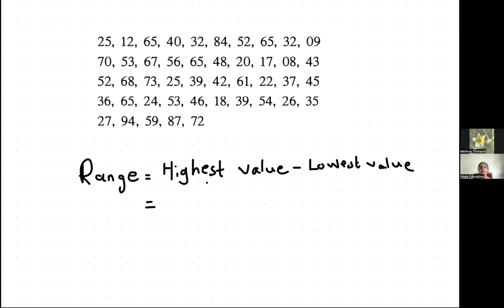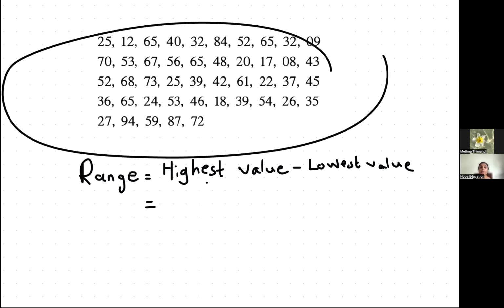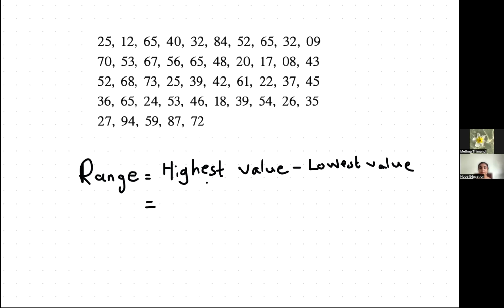So if you take a look at this data set, can you tell me the highest value here? 94. That is the highest mark obtained by a student for this test.